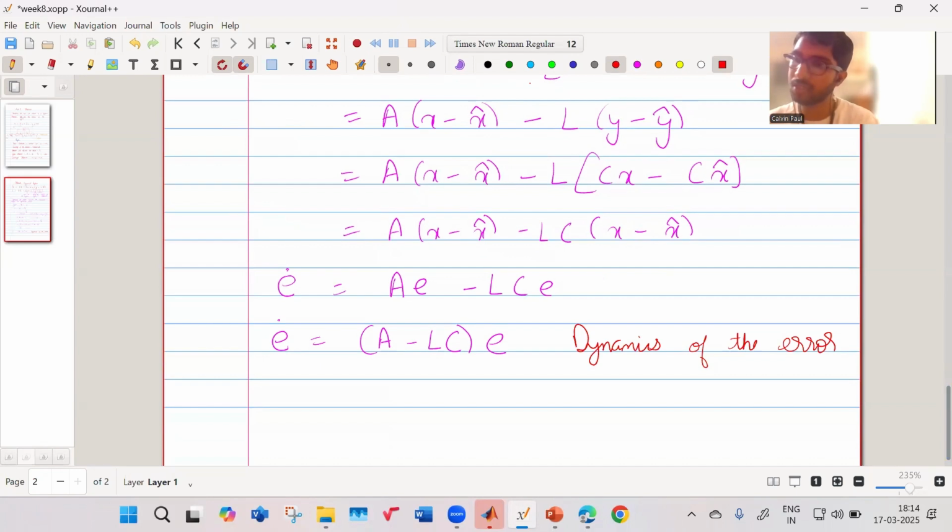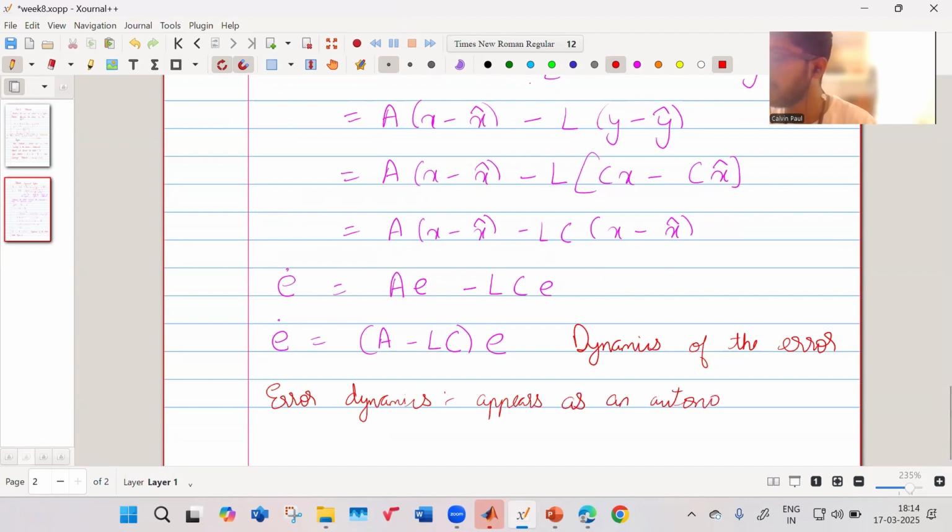Now, if you observe this error dynamics, it appears as an autonomous system.